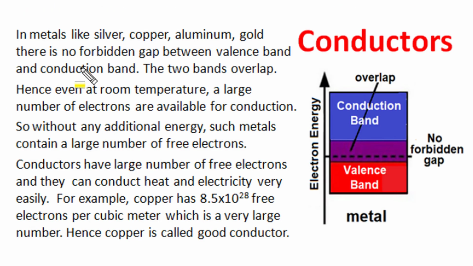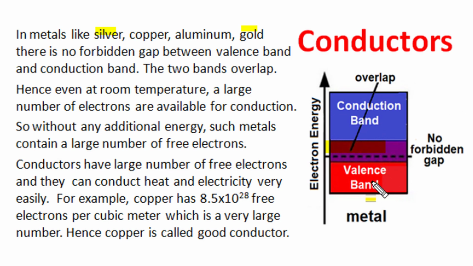In metals like silver, copper, aluminum, gold or other metal and their alloy, there is no forbidden energy gap between valence band and conduction band, as the two bands overlap. So even at room temperature, a large number of electrons of valence band are in conduction band and are available for current conduction.